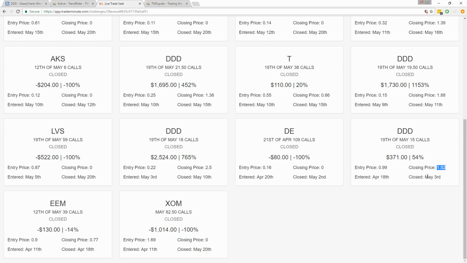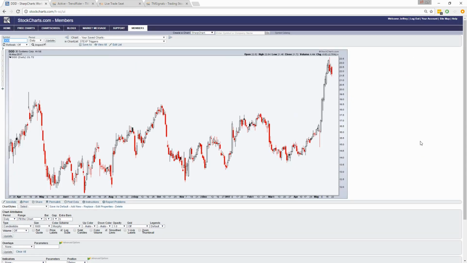I close the trade on May 3rd. But at the same time, on May 3rd, over here, a little more to the center of the screen, I went and bought some May 18 calls. I bought them for 22 cents. Why did I do that? Well, when I bought those May 18s, the stock price was 16.5.